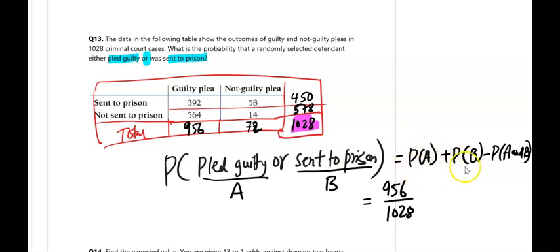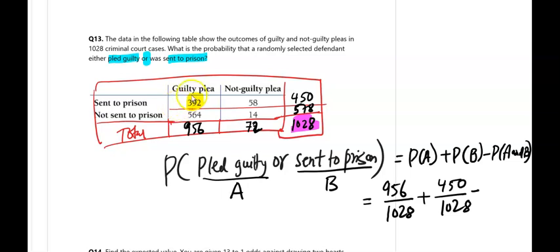How many sent to the prison? You can see here, that's the row total, 450 sent to the prison. 450 divided by 1028, minus how many pleads guilty and sent to the prison. And you guys see here this number, 392.